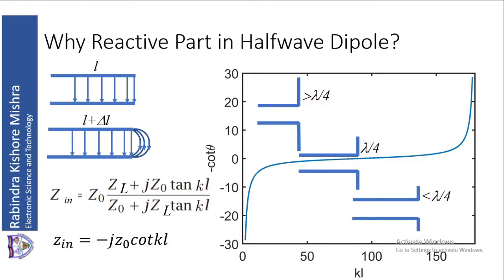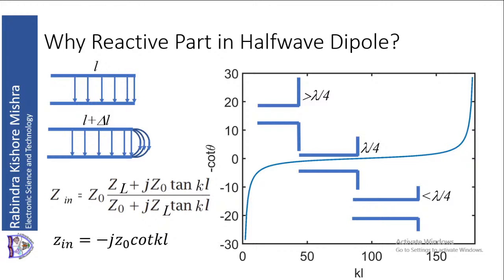If we consider this input impedance, and take L equal to lambda by 4, then Zin is equal to 0. Here kL, with k equal to 2 pi by lambda and L equal to lambda by 4, is 2 pi by lambda into lambda by 4, which is pi by 2.